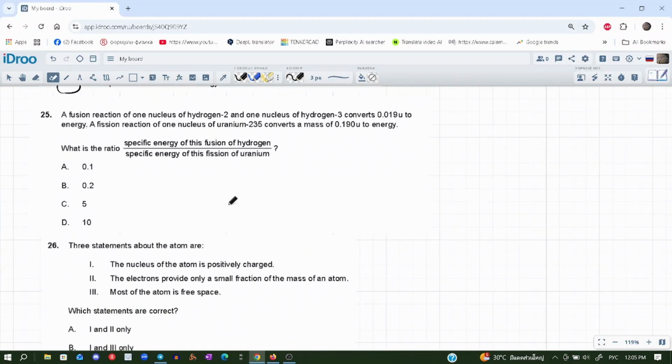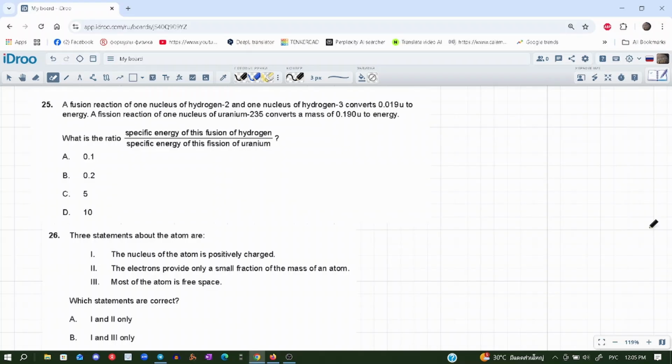Number 25. A fusion reaction of 1 nucleus of hydrogen 2 and 1 nucleus of hydrogen 3 converts 0.019 U to energy. What is U? U, this is the atomic unit of mass, right? A fission reaction of 1 nucleus of uranium 235 converts a mass of 0.19 U to energy. The specific energy is the energy that is released per unit mass of fuel.